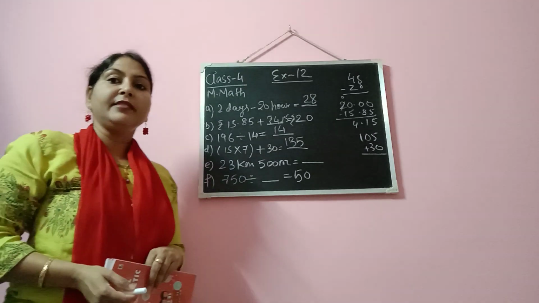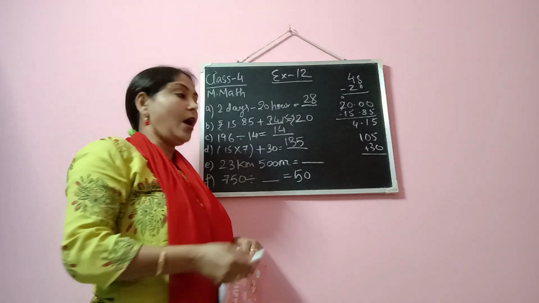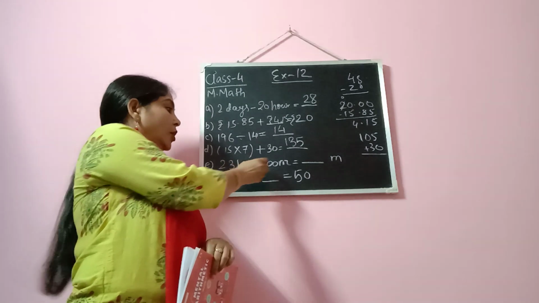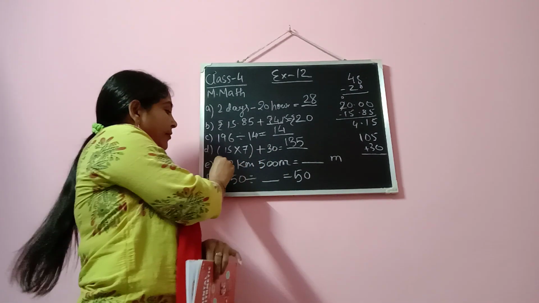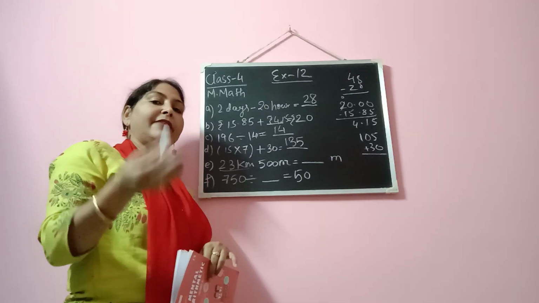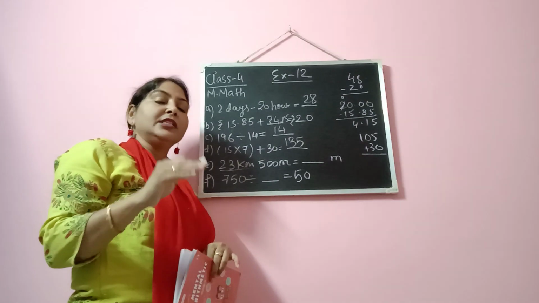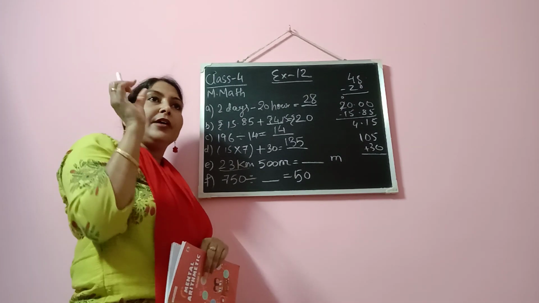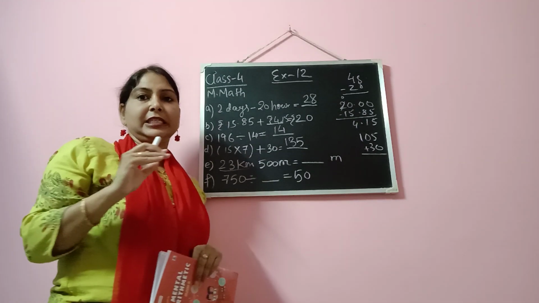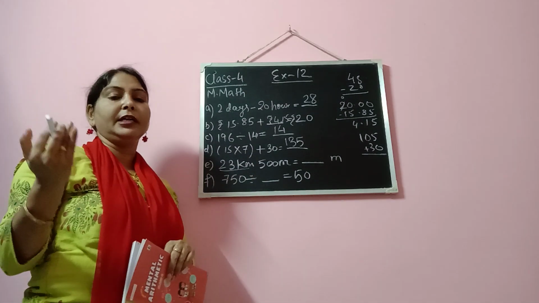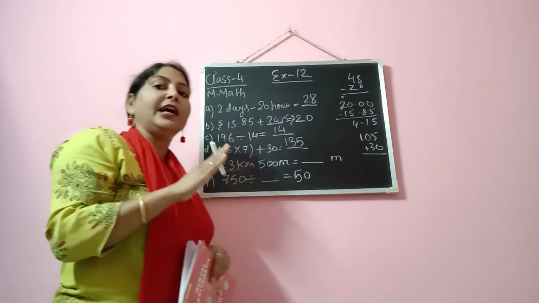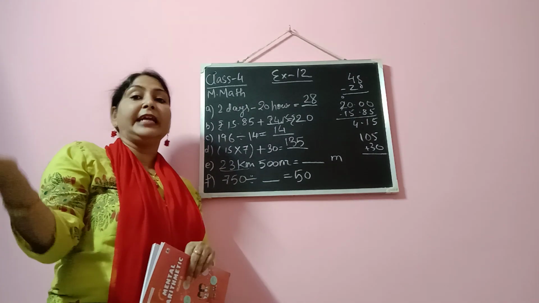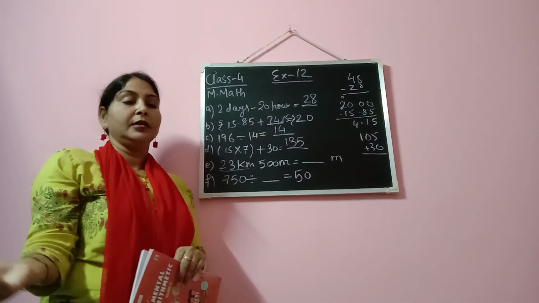Number E. 23 kilometers 500 meters is equal to how many meters? You have to write all the units in meters. So 500 is already in meters. We have to change this 23 kilometers. When we convert kilometers into meters, we have to multiply by 1000. Why? In class 3, during the measurement chapter, you must have learned that when converting a smaller unit to a bigger unit we divide, and from a bigger unit to a smaller unit we multiply.